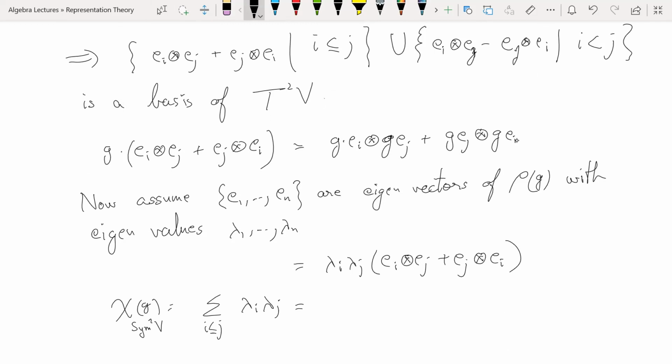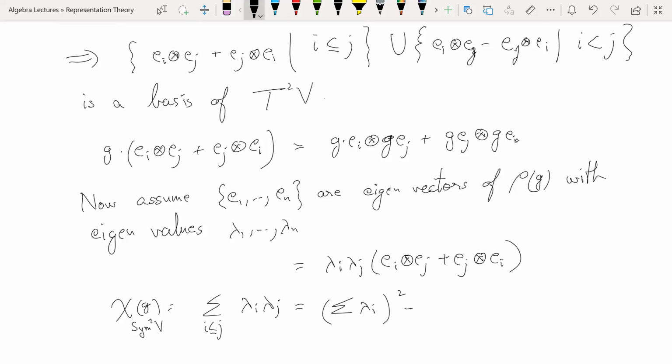Now I want to express it in terms of V. So this I can write as the summation of lambda I whole squared, but I have to subtract something. If I do the whole square, that is the same as the summation of lambda I lambda J with no restriction on I and J. But here there is some restriction.